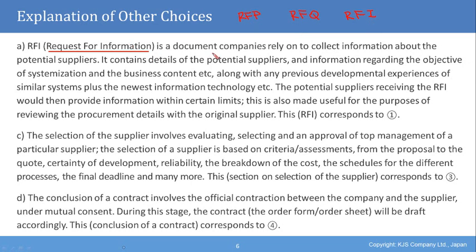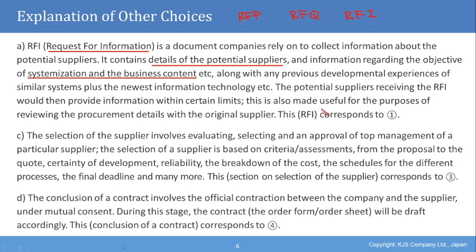The RFI is a document companies rely on to collect information about the potential suppliers. It contains details of the potential suppliers, and information regarding the objective of systemization and the business content, etc., along with any previous developmental experiences of similar systems plus the newest information technology, etc. The potential suppliers receiving the RFI would then provide information within certain limits.